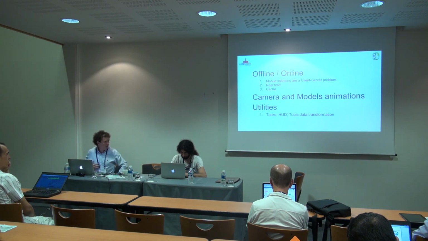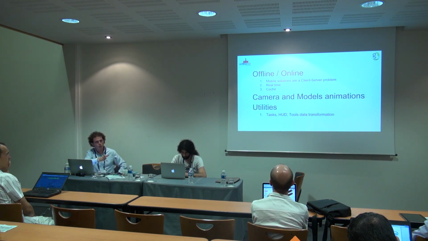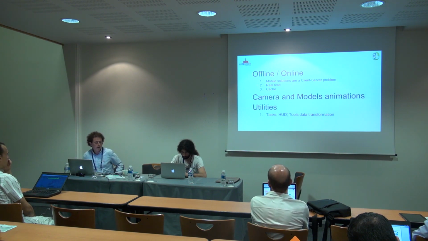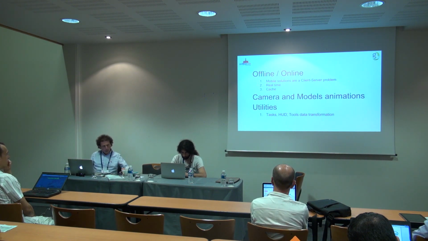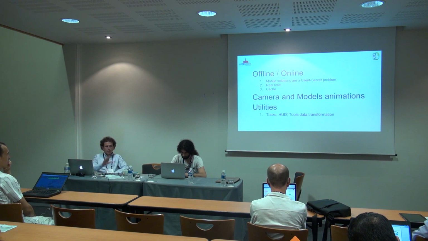We have a lot of data transformation tools, but only in the specific part to go to our library. The mobile map application is not only a device problem. It's normally a client-server application. You have some information that is good to have on the server, and information that is good to have on the client.